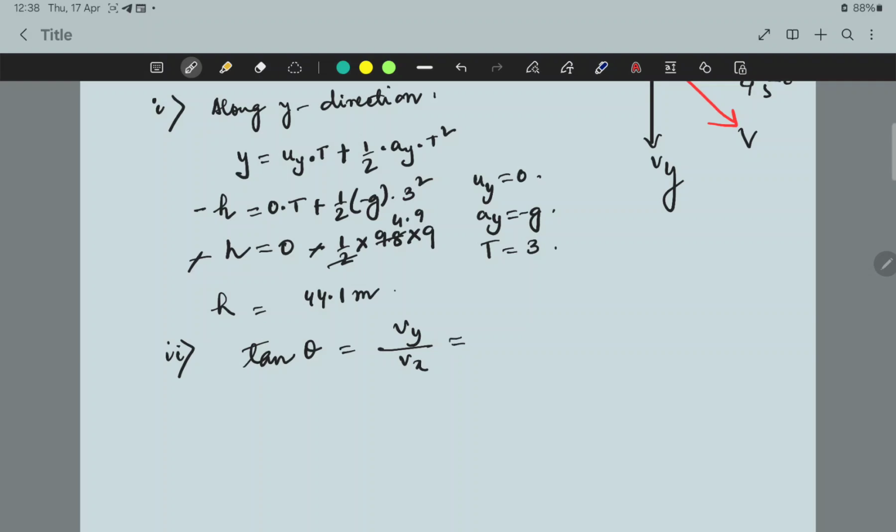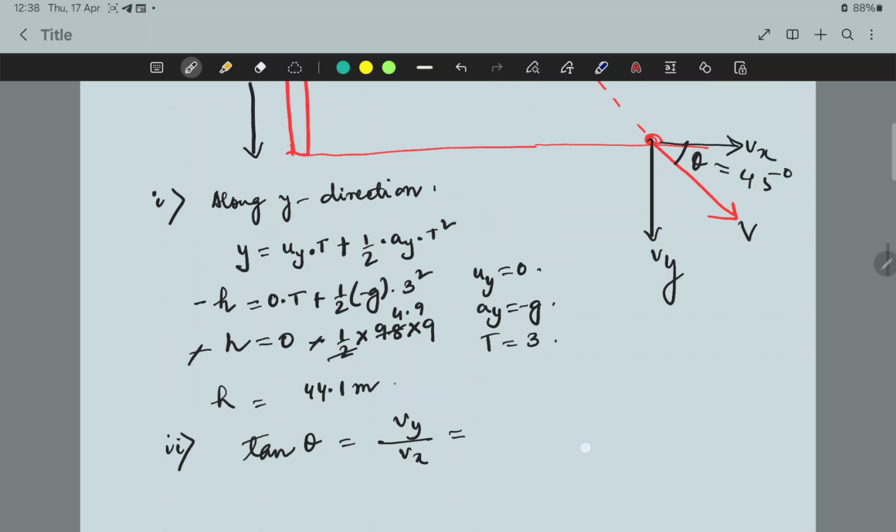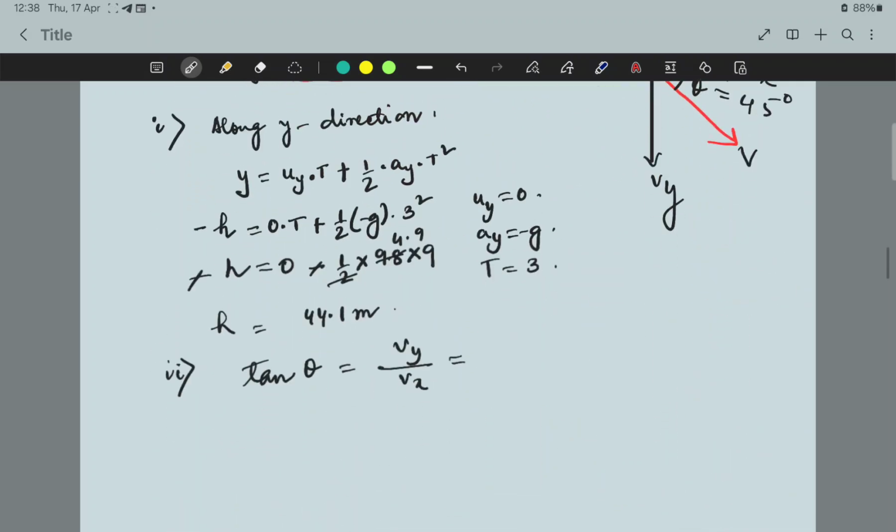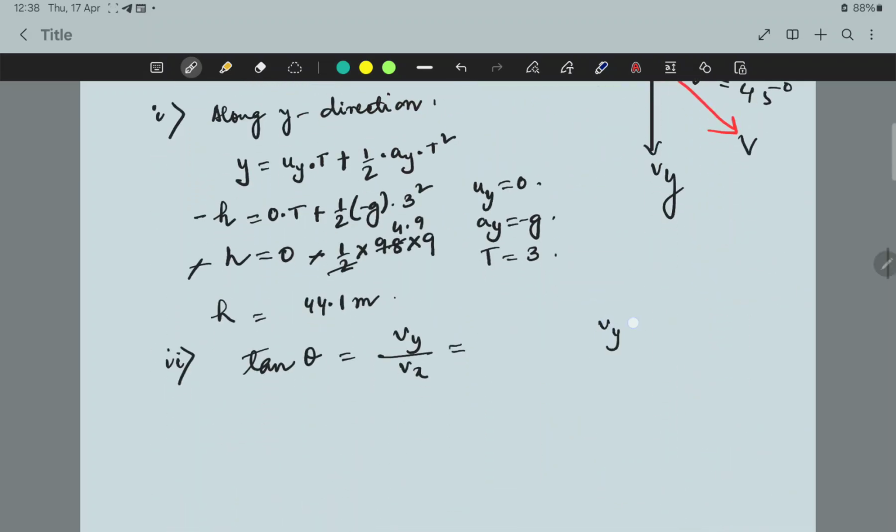Vx is asked and Vy is not given to us, but we can calculate it. Vy is given by minus g into t. So g is 9.8 and t is given 3. I am taking only the magnitude, not the sign. Here the sign implies that the body is moving towards the negative direction of the y axis.